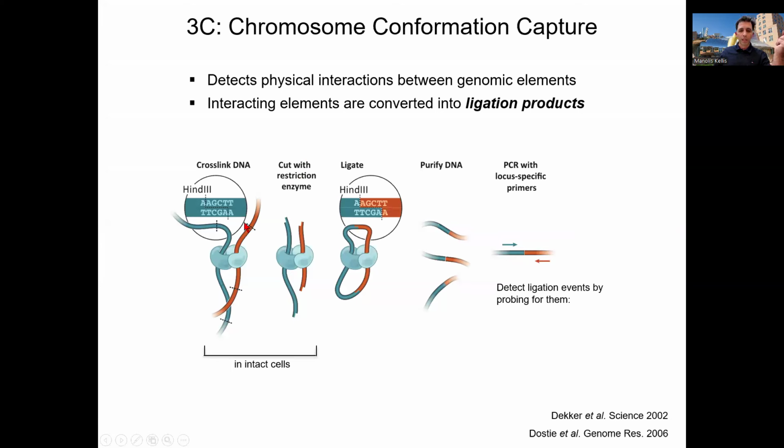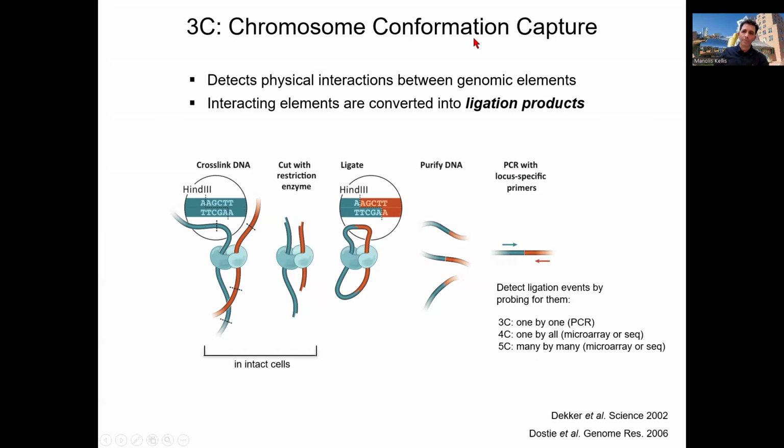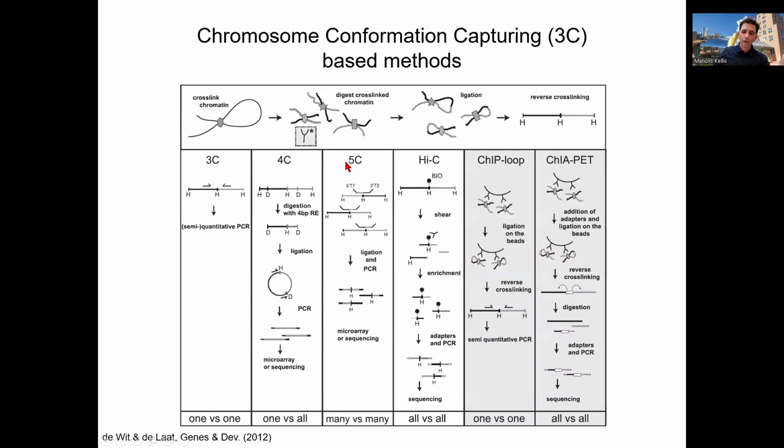That basically you can cut the DNA, let them loose. If they rejoin, you can sequence past the junction. And by sequencing past the junction, you know that these two regions were in fact in physical proximity with each other. It started out with chromosome conformation capture, which is 3C, and then with carbon copy chromosome conformation capture, which is 5C, and then eventually with Hi-C, that basically says, I'm just going to add a biotinylation mark every time I make a cut and a religation.